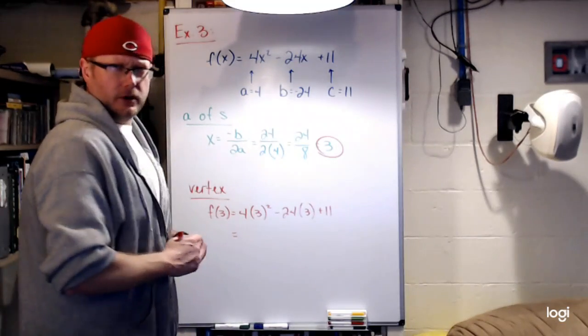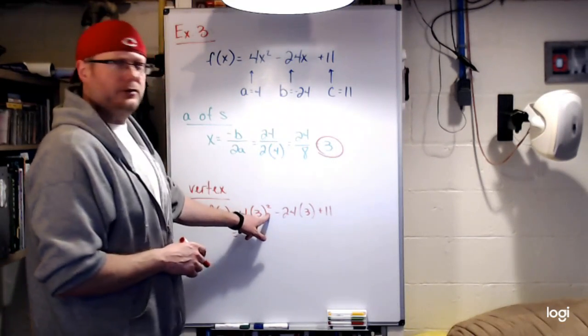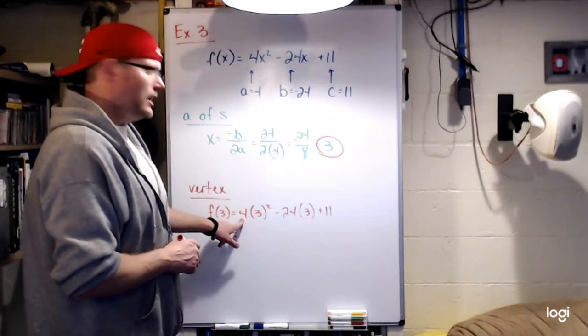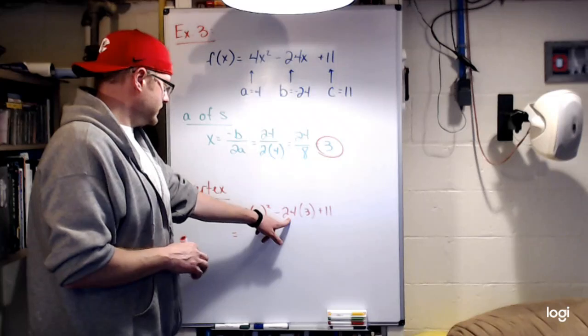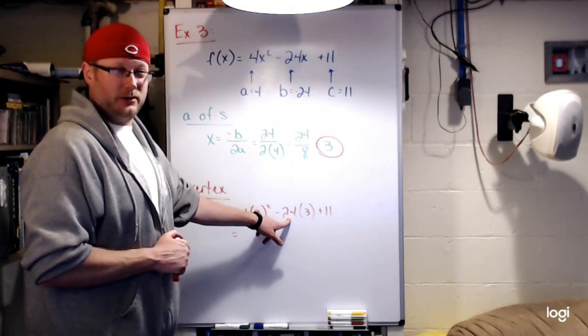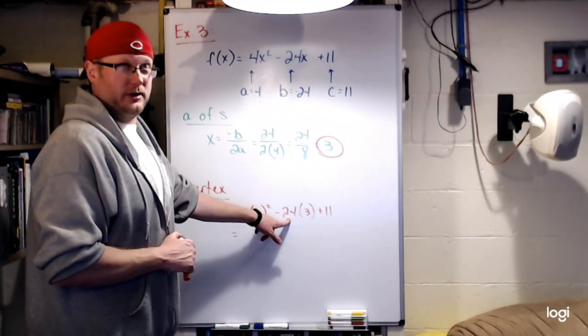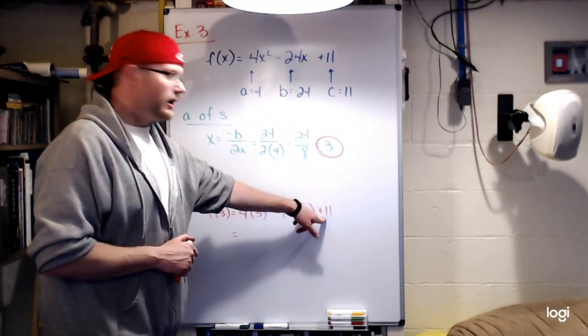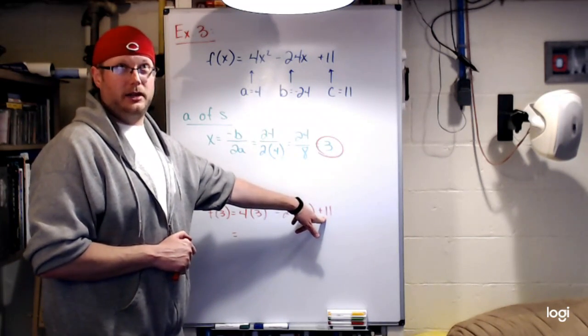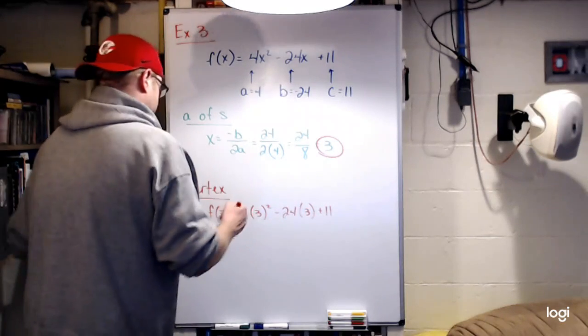Let's see if we can do this in our heads. 3 squared is 9. 9 times 4 is 36. Let's see, 24 times 3, that's going to give us 72. So what is 36 minus 72? It's negative 36. Negative 36 plus 11 is negative 25.